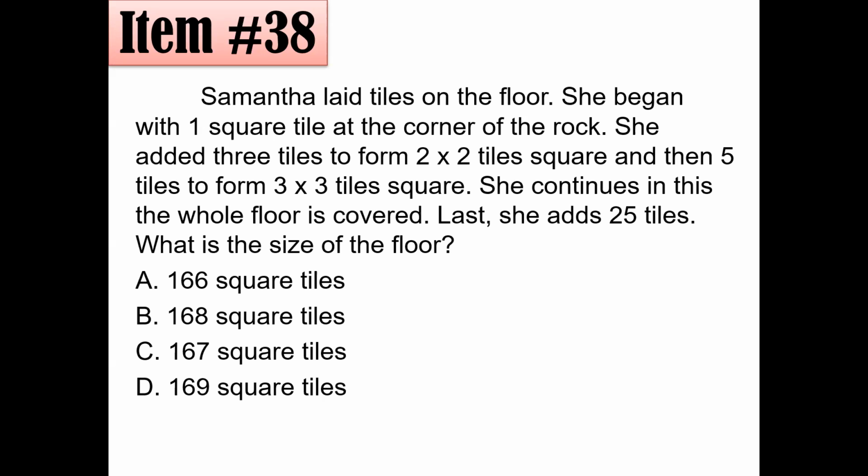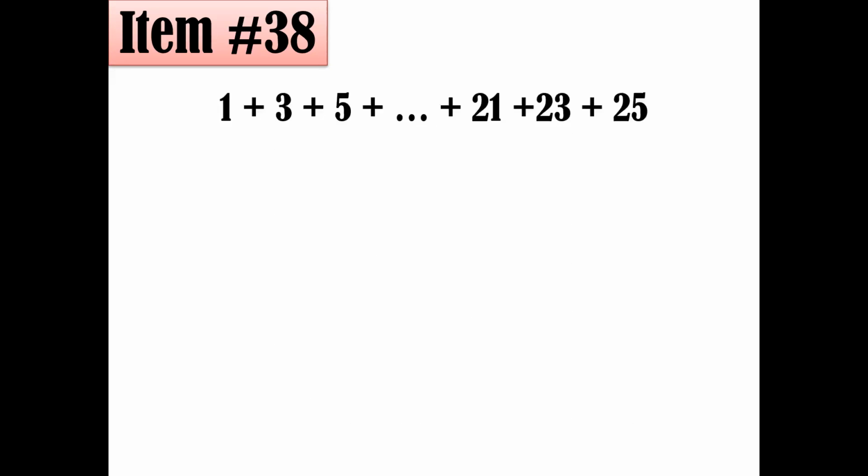Okay, D daw, 169. Okay, so actually, di ba una, 1 plus 3, tapos 5. You are actually adding here 7 next, no? You are actually adding a series. You are having odd numbers, no? So until the last time that you have 25.